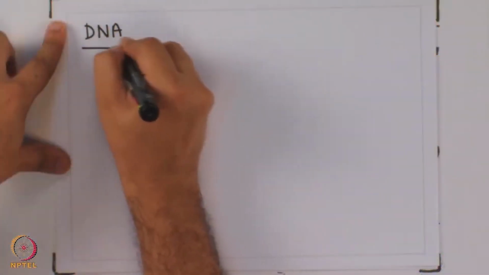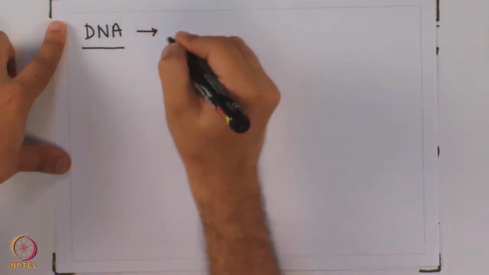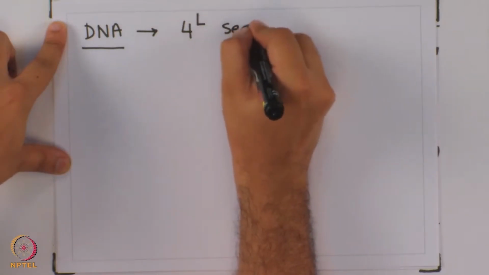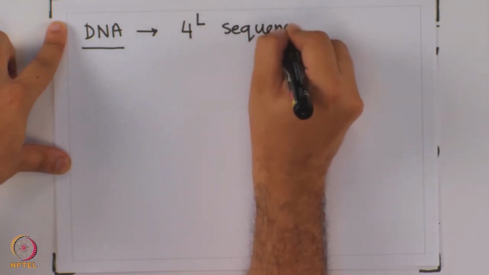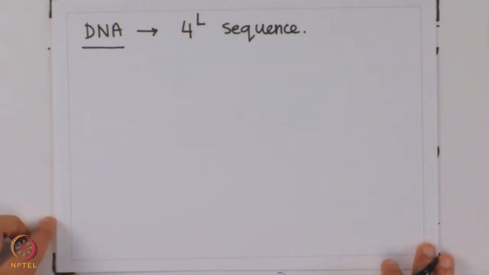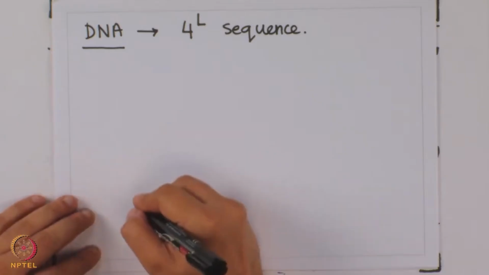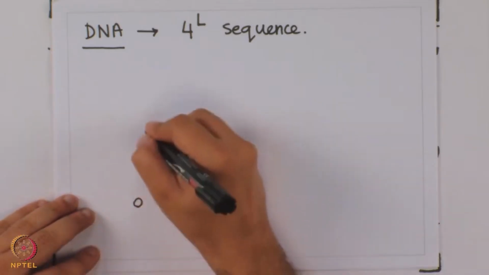Let us now think in terms of DNA and try and arrange them in a particular way. So, when we think in the context of DNA, we have 4 to the power L possible sequences which correspond to a DNA fragment of length L. Let us represent each one of these sequences by a node.